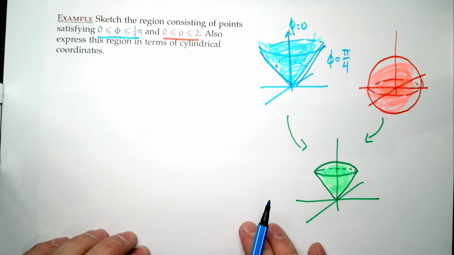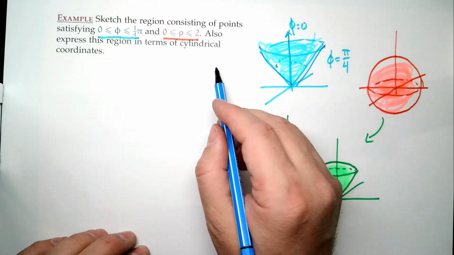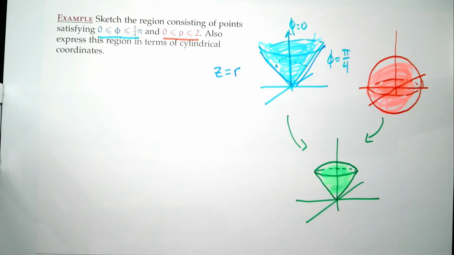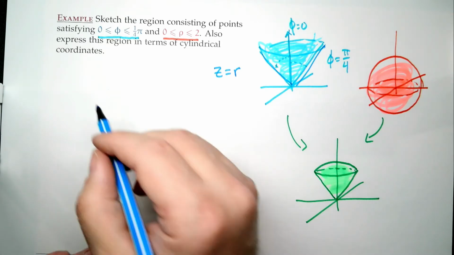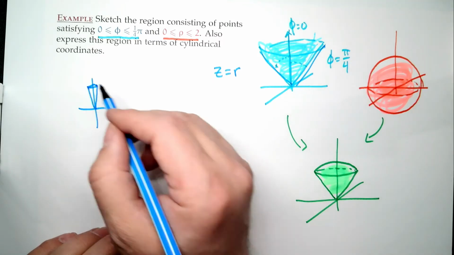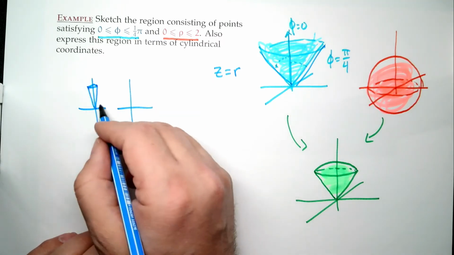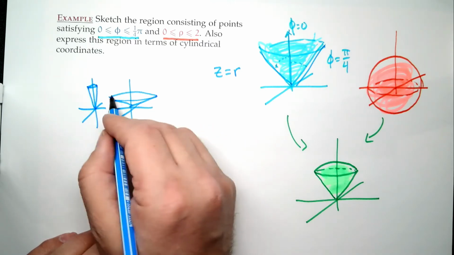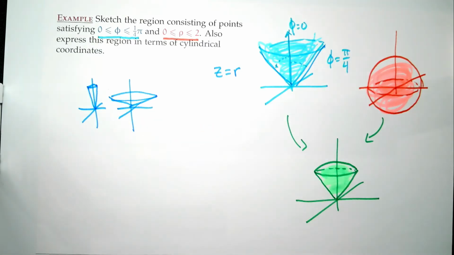Do you remember? Yeah, this translates into z equals r. In general, a cone is z equals some multiple of r. If z equals a large multiple of r, you have a very tall, very skinny cone. If z equals a small multiple of r, you have a very broad, very low cone. So different cones for different purposes.